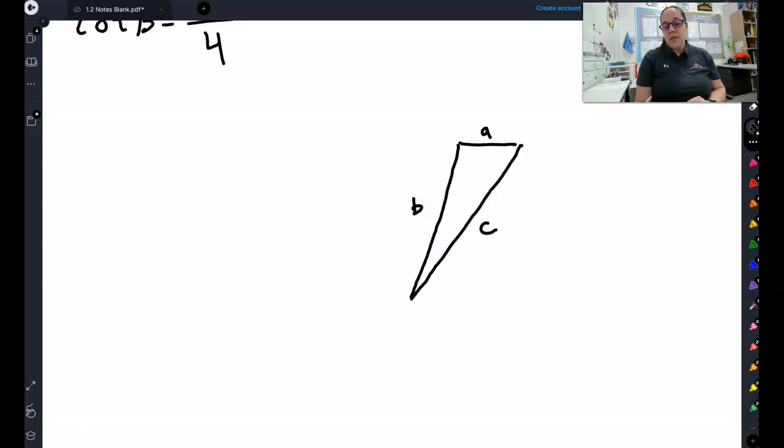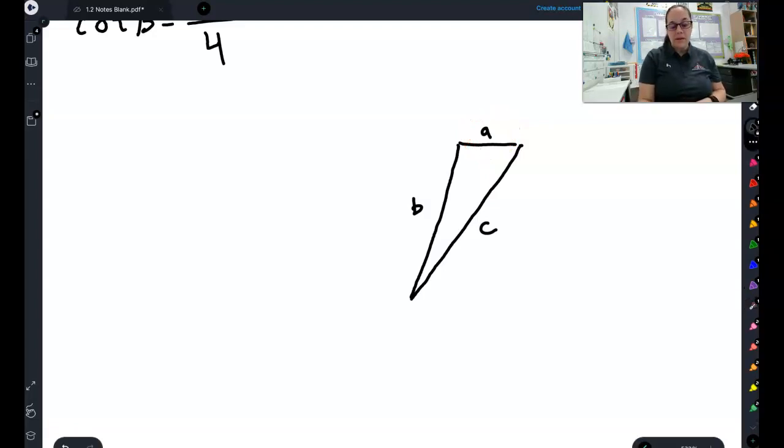Now, here's the thing I want to introduce to you. Did you know that angles and sides in a triangle are connected? They're paired. Specifically, the angle across from that side is connected. Let me show you what I mean by this. If I look at this triangle and I ask you, which of these sides is the shortest, is the smallest? You would quickly tell me A. A is the smallest side.